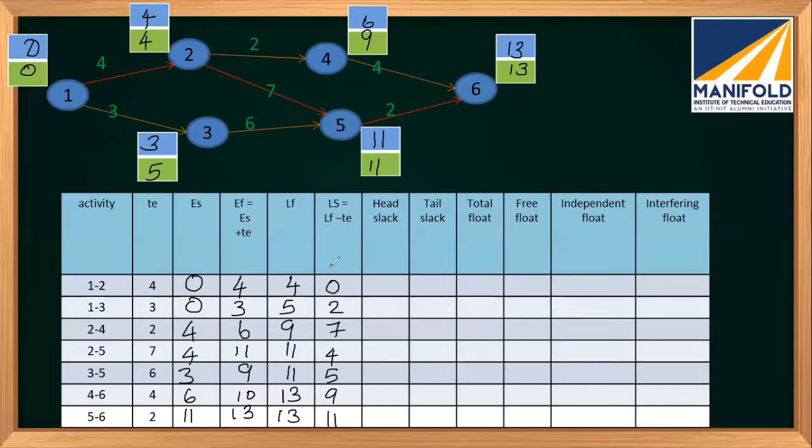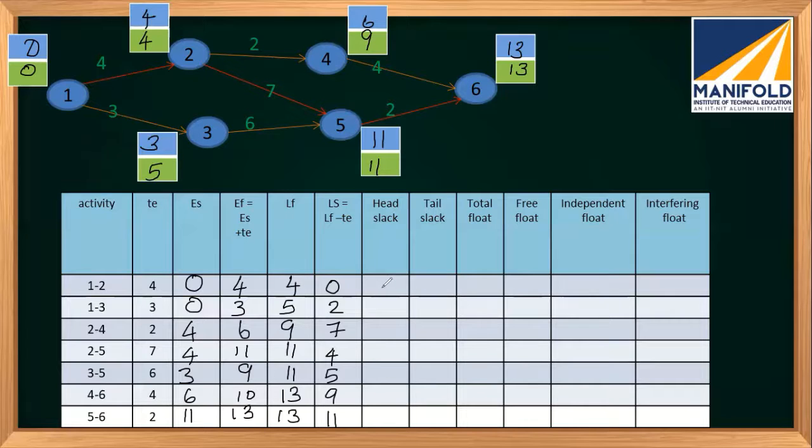So this is nothing but LF for the head event minus EF. These two differences will give it. So this will be basically latest finishing time minus earliest finishing time. So this subtraction will give you the slack.